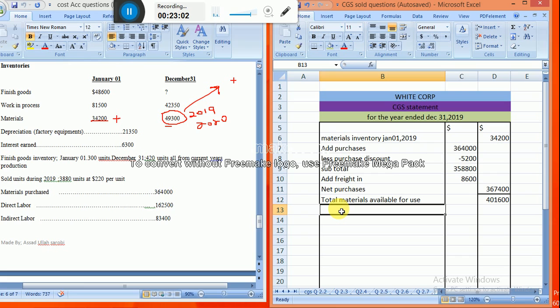So this 49,300 material we will subtract, less materials inventory, or we can say ending material on December 31st, 2019. Yeah, simply we can write this as ending material. How much? Minus 49,300.